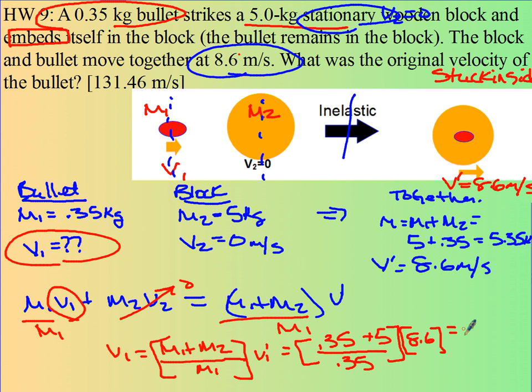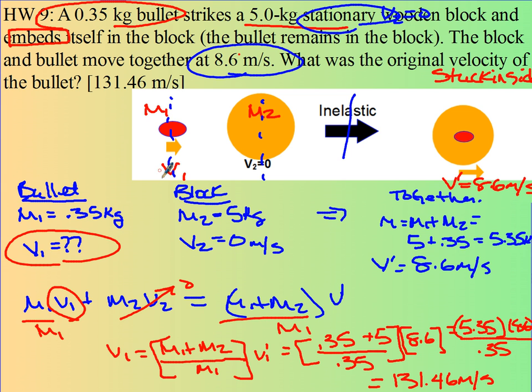So when I do this, this is 5.35 times 8.6, divided by 0.35. If I'm very careful, I get a velocity of 131.46 meters per second.